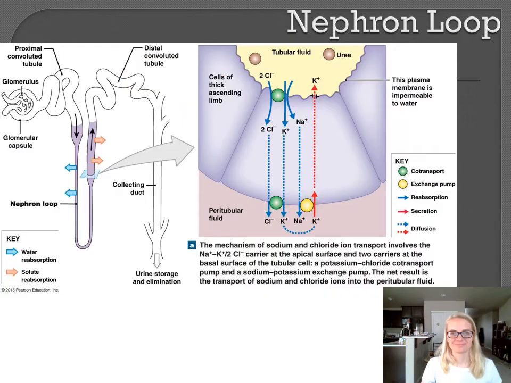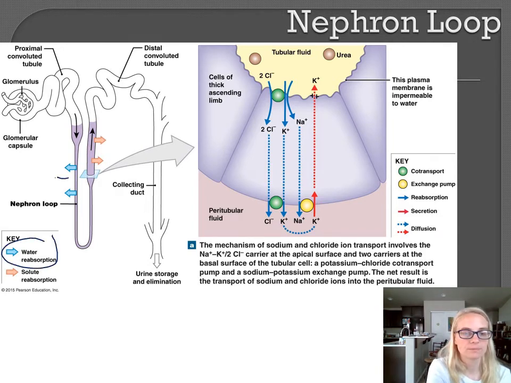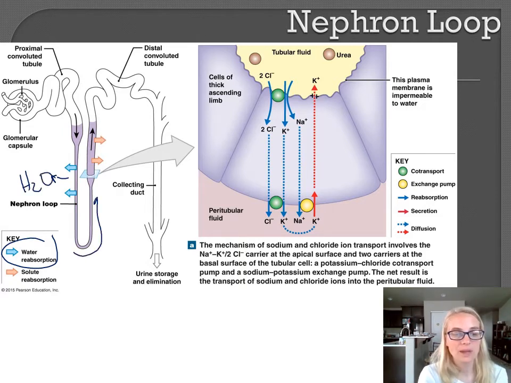All right, so this last slide is showing just the details of what's happening in the ascending limb, the part of the solute reabsorption. So we just learned that the descending limb is water reabsorption. We can see here, okay, so water is being reabsorbed, concentrating the solute down here. And then as we make our way back up the ascending limb, here's going to be our channels.